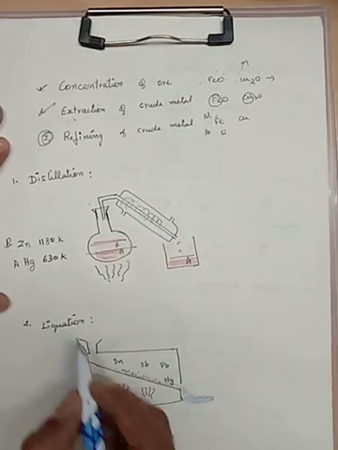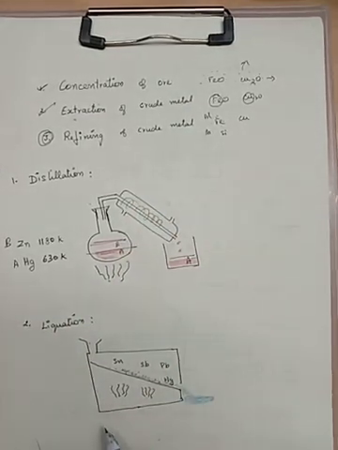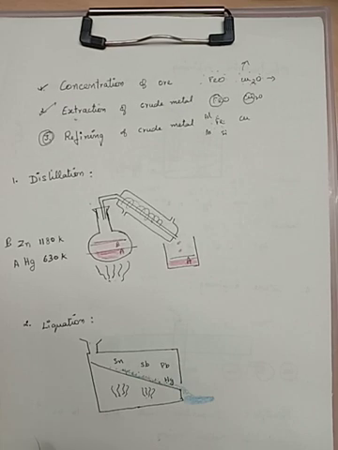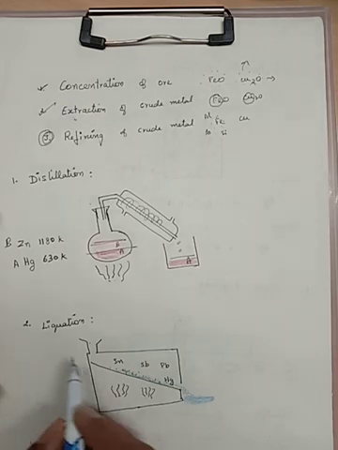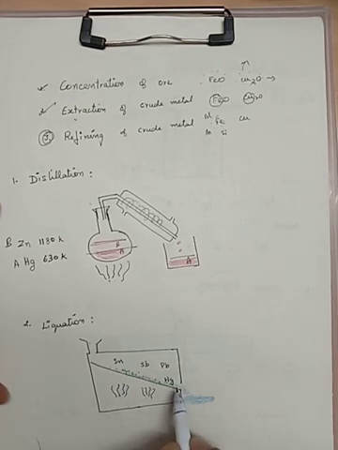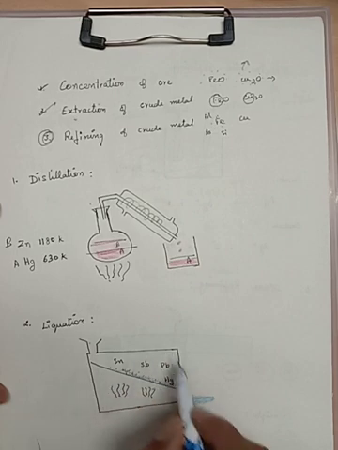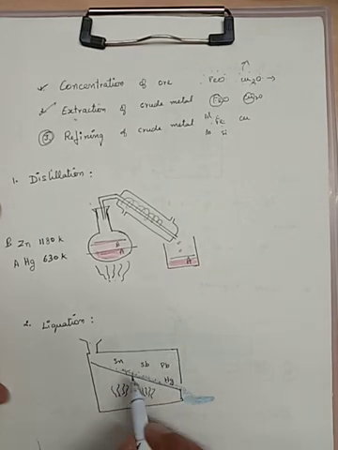The second method is the liquefaction method. This method is employed to remove impurities with a high melting point from metals having relatively low melting points, such as tin, lead, etc. Now you see here the metal is placed over here in a closed furnace and it is heated.